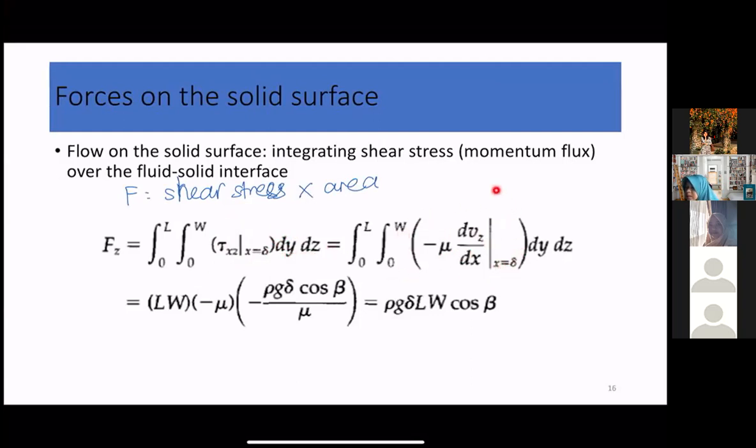So that means we have to evaluate the shear stress at x equal to delta, which is on the solid surface, multiplied with the y and the z, and then you can get this one. So if you're asked about the force on the solid surface, then this would be the answer.